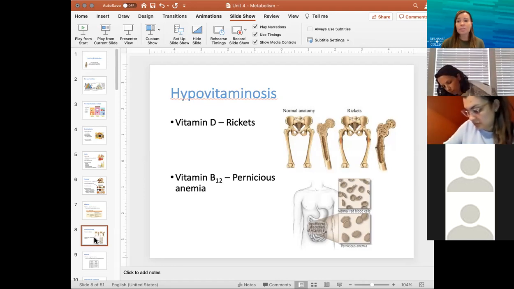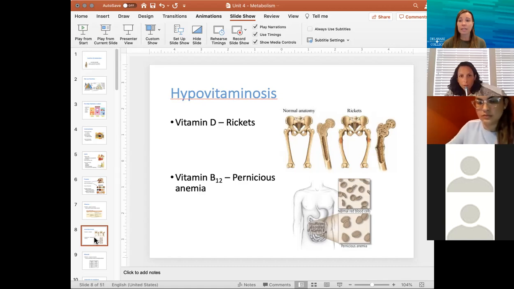So without sufficient vitamin D, the body has decreased calcium absorption. And think about one of the main things that calcium helps with before you write anything else. A lot of calcium goes into your bones, and then the bones get calcified. So it helps with the hardening of your bones.